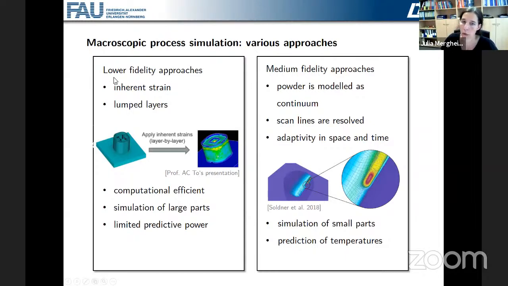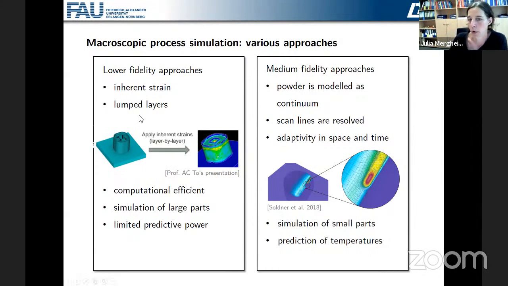But even on this macro scale, we can distinguish what I call here lower fidelity approaches and medium fidelity approaches. So at the moment, only the lower fidelity approaches, which are computationally very efficient, are able to simulate really large parts and to, let's say, compute the distortions and the stresses within these additively manufactured parts. One example for such an approach is the inherent strain method, which was introduced in the last presentation by Professor Tu, and also its extension.